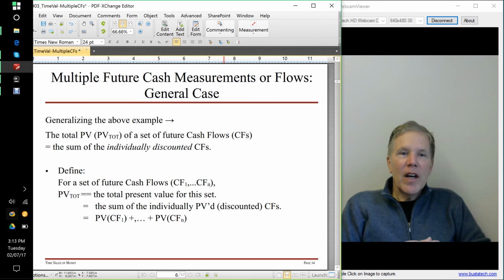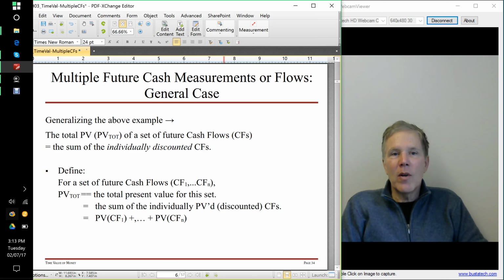Okay, so now that we've done that little example and we understand how this works for a particular example, let's do what we normally do and go ahead and generalize this.